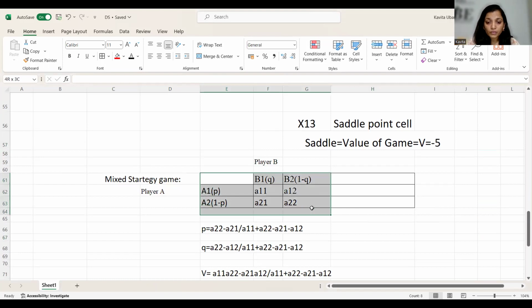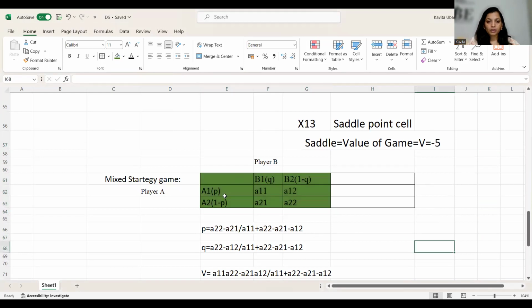The formula is available in green color. This is A1, A2, there are two strategies for player A, and for player B, B1, B2. When saddle point is not there for the matrix, we need to apply a different method, called the principle of dominance.